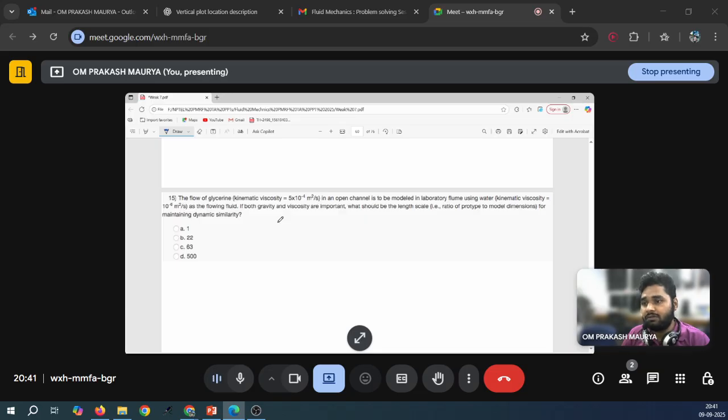What should be the length scale, that is the ratio of prototype to model dimensions, for maintaining the dynamic similarity? Very important question. You have to maintain both similarities, that is Froude number as well as Reynolds number.